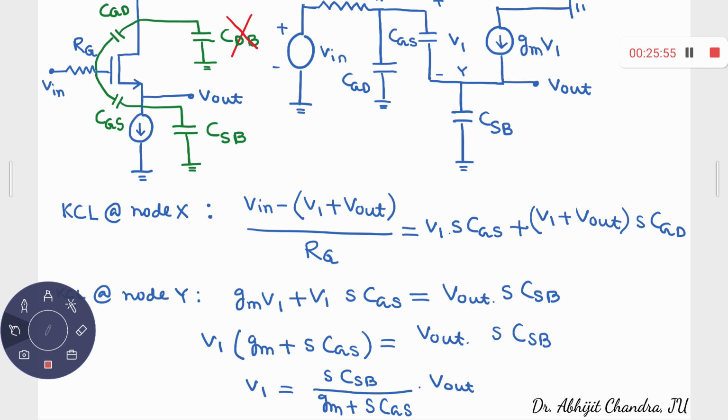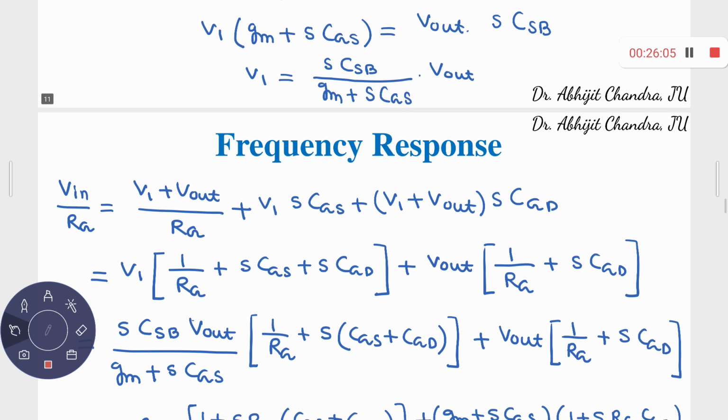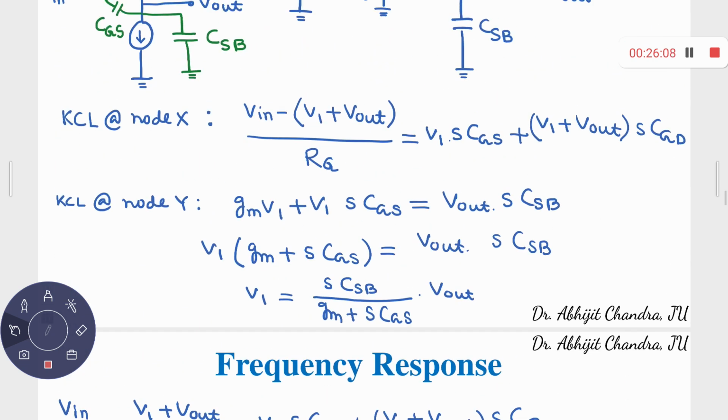From here, you can represent V1 in terms of V out. And then you just plug in V1, which is equal to this one, in that first expression.